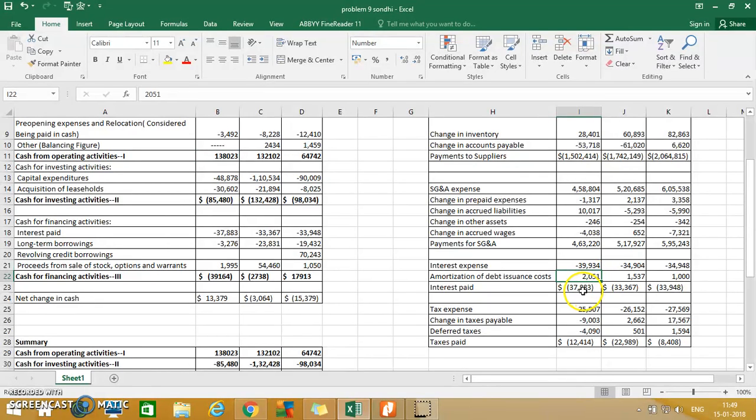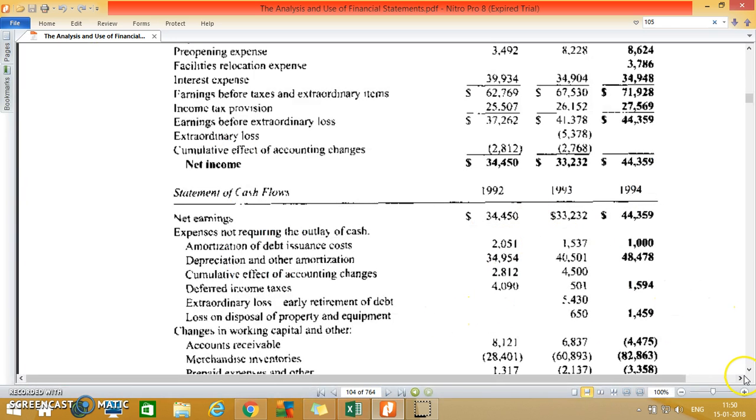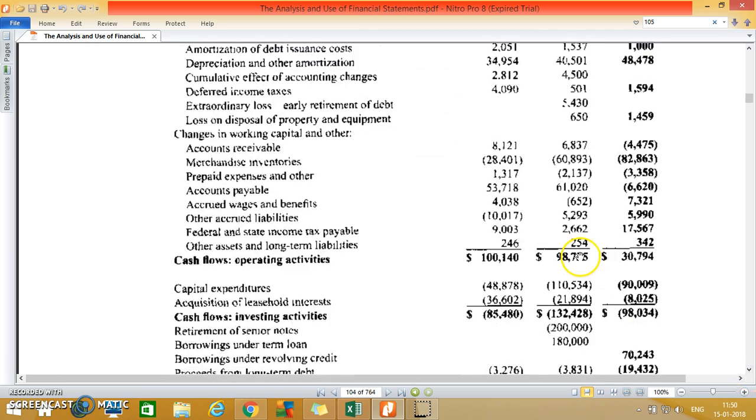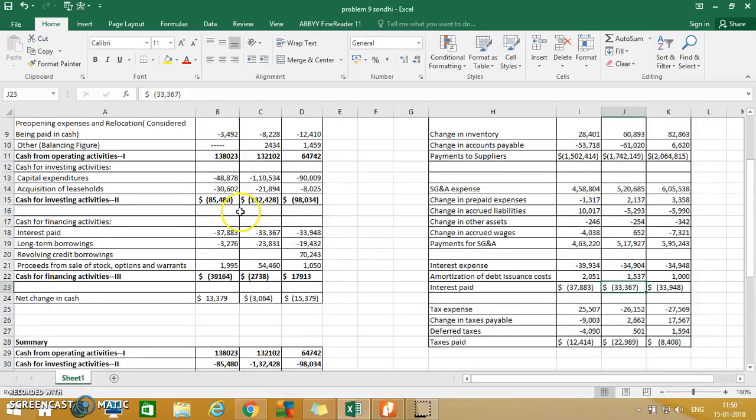I have done an adjustment of $37 billion to this $100 billion, and I find that my operating profit is $138 billion. Similarly, I have made the adjustment of this interest of $33 billion to the profit given to us by the author, $98 billion. I made the adjustment, and I find that my operating activity earning is $132 billion.